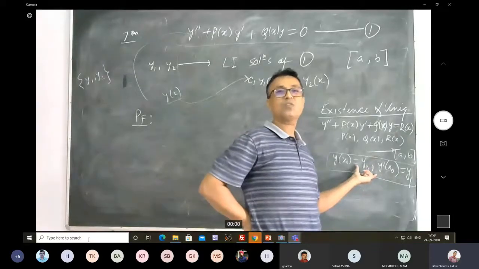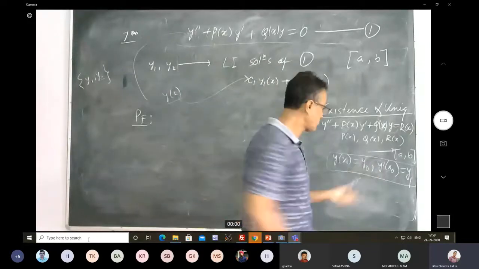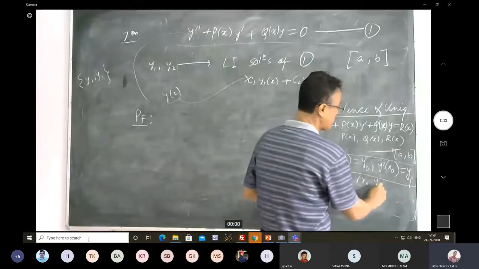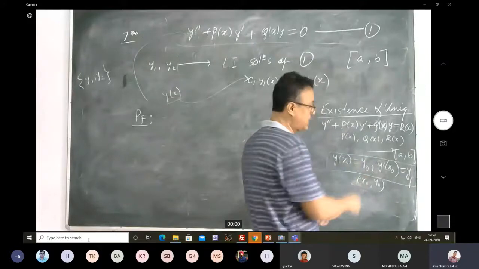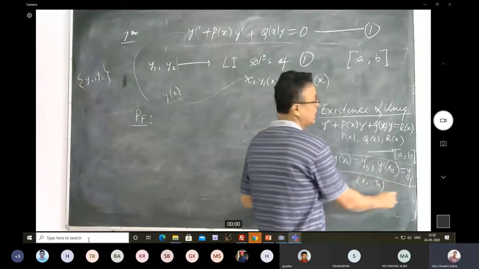Like say these two conditions are nothing but I find a solution passing through the point x naught, y naught, and the slope of the tangent to the solution curve at this point has a value y1.